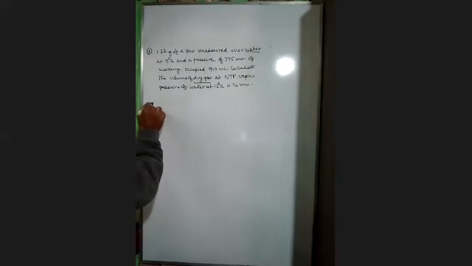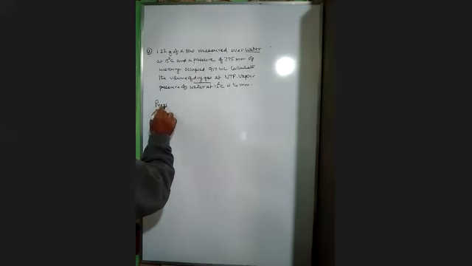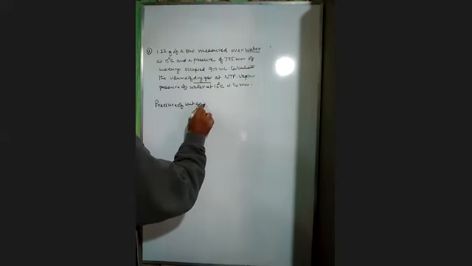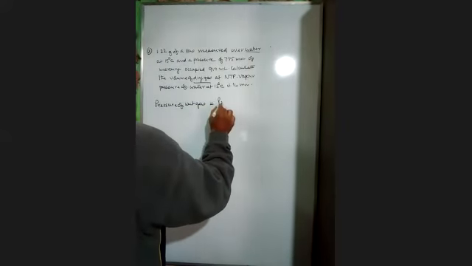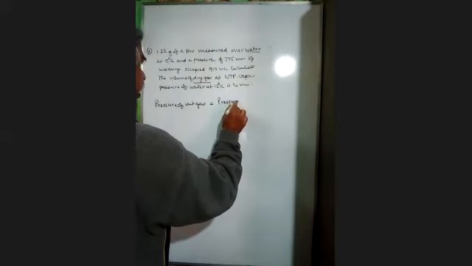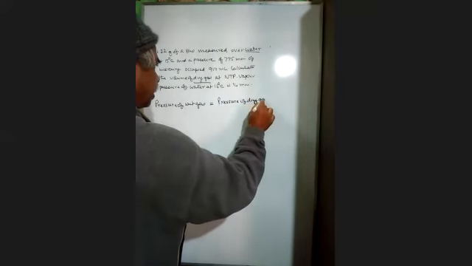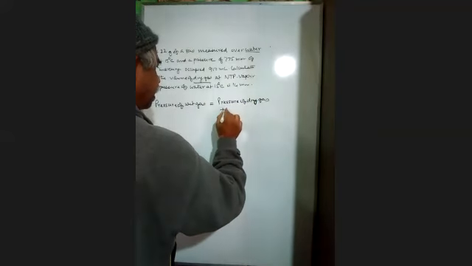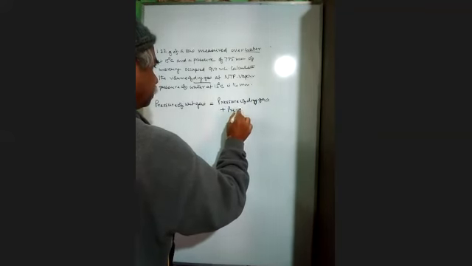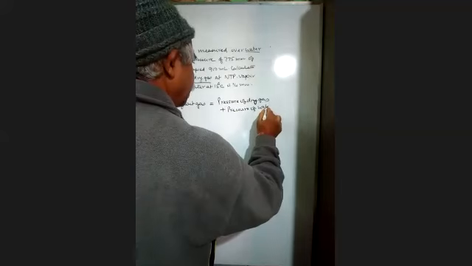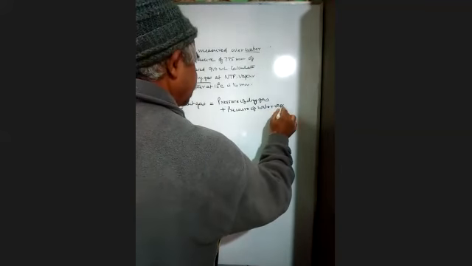Now here, pressure of wet gas is equal to pressure of dry gas plus pressure of water vapor. This is called vapor pressure.